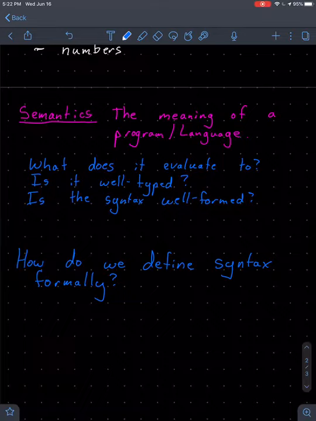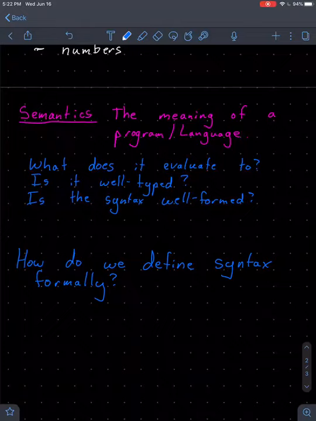So let me rephrase the question. Have we worked with anything we could think of as a language so far? We defined a language for Booleans, a language for lists, a language for numbers, right? But they weren't self-contained. What did we use to define the numbers and the Booleans? We defined them as types, right? As data types.